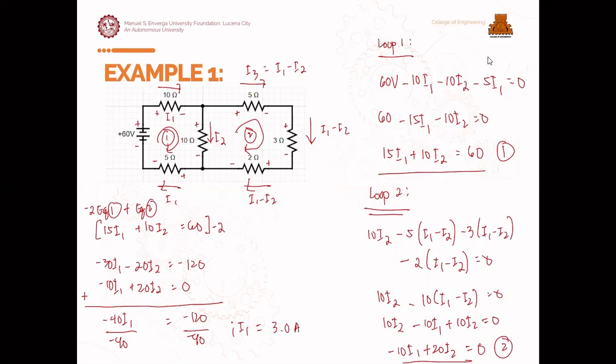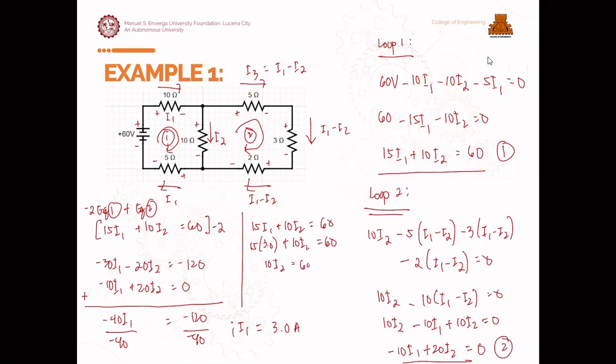Then, substitute natin doon sa na-calculate natin. Kahit alin doon sa equation, kunin doon sa equation 1, 15 I1 plus 10 I2 is equals to 60. So, substitute lang natin yung 3, 45 plus 10 I2 equals to 60. We have 10 I2, so 60 minus 45.